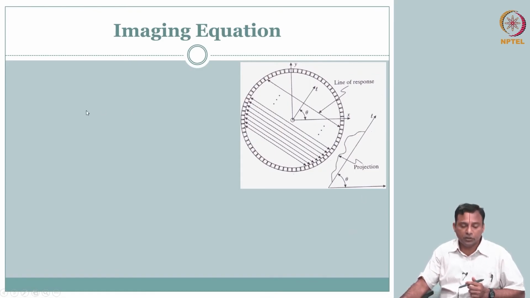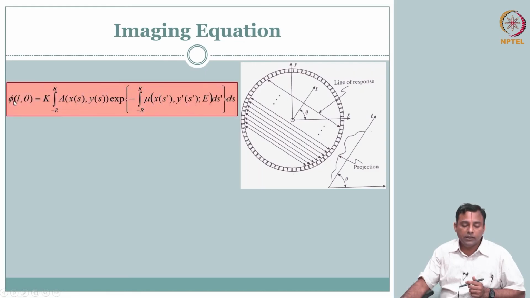So in this configuration, how do we write our imaging equation? Phi of L comma theta is nothing but all the scaling factors, effect of geometry, detector efficiency, all of that you can put here, some constant.